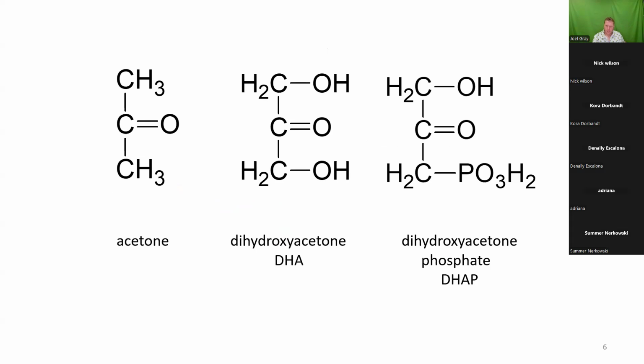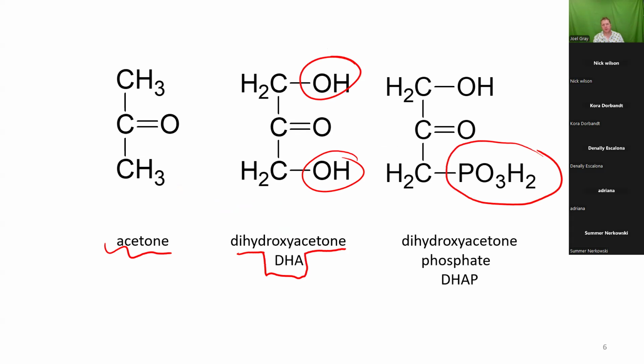Now, here's the progression of our molecules. Acetone, dihydroxyacetone, where we have two hydroxyl groups on our carbons 1 and 3, and then dihydroxyacetone phosphate, where one of those hydroxyl groups has simply been replaced by a phosphate.